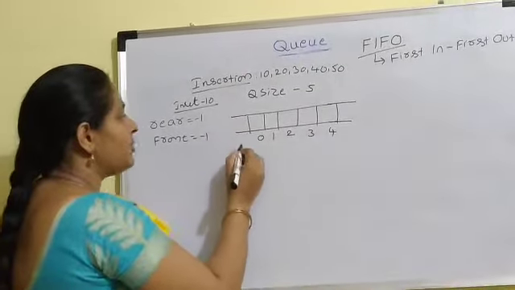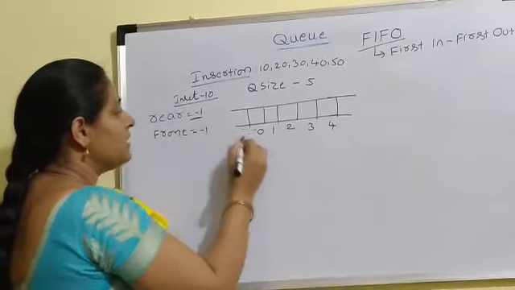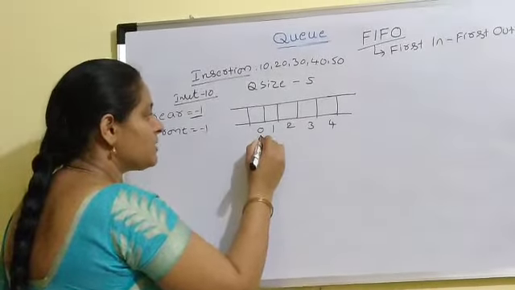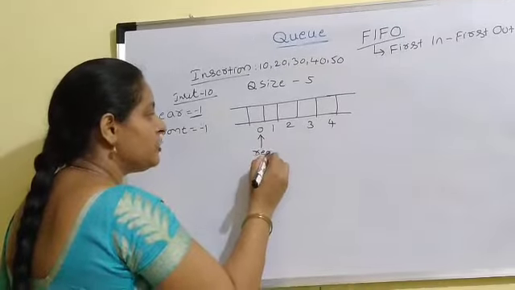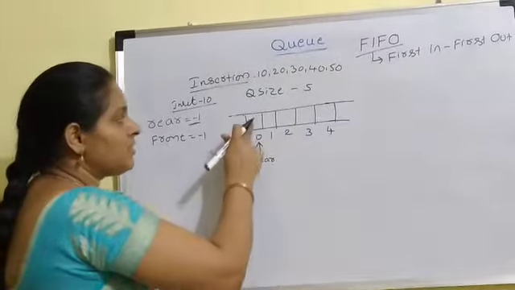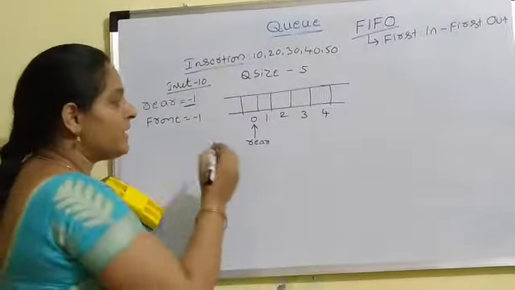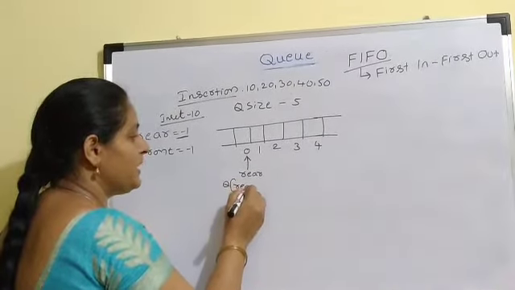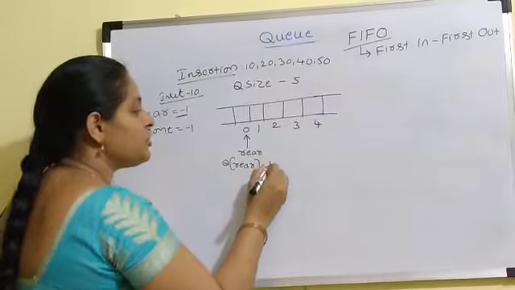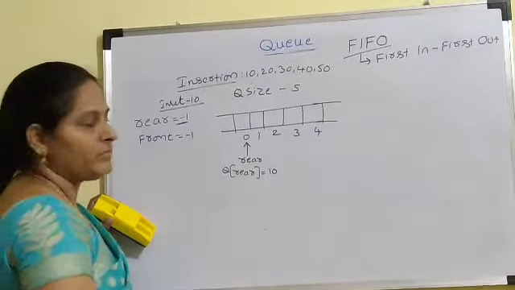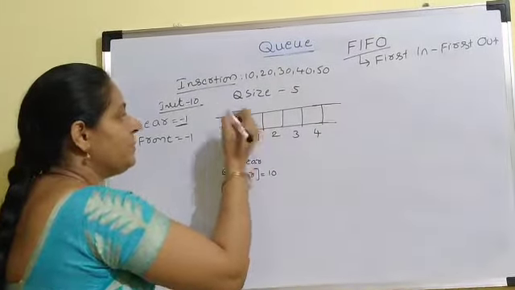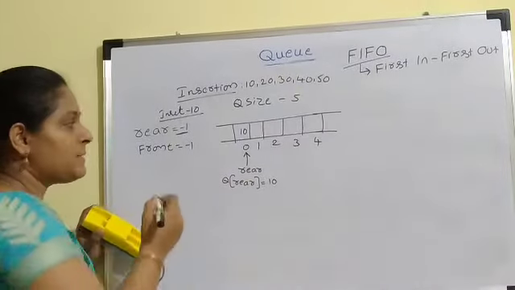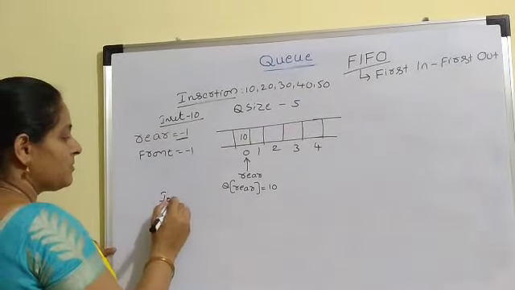Initially it is -1, so incrementing the rear pointer brings it to the 0th position. Now the 0th position is empty, so at the position where the rear pointer is pointing, insert the value 10. Suppose you want to insert 20.